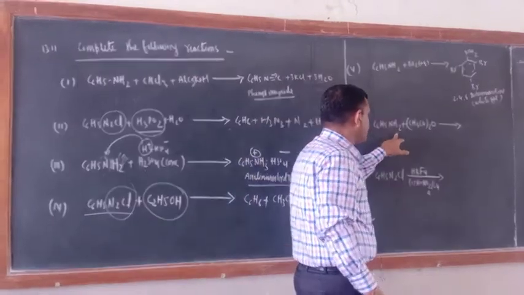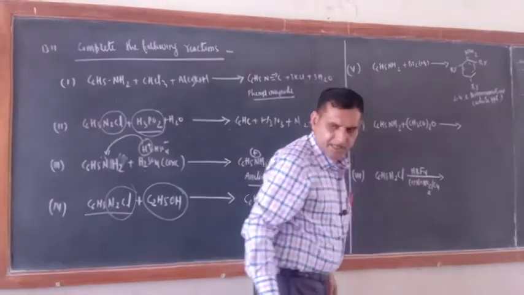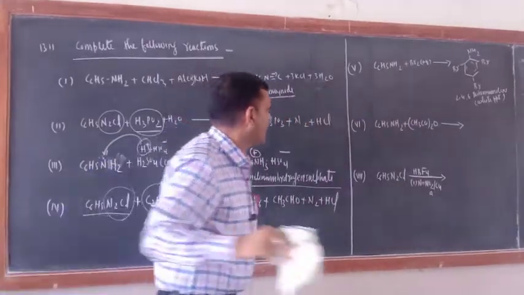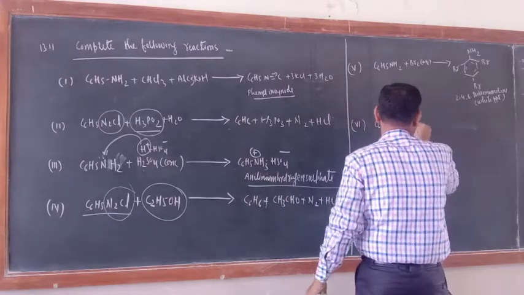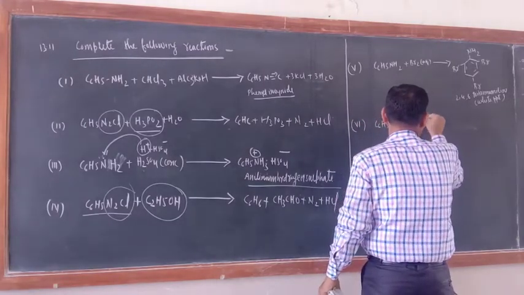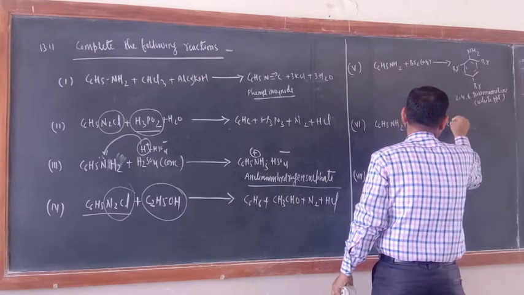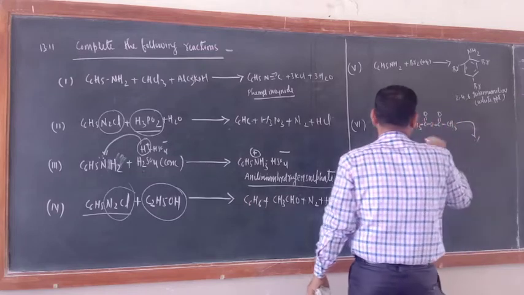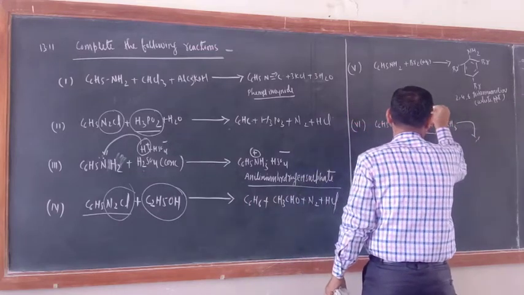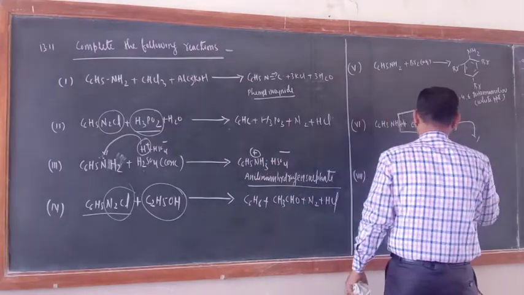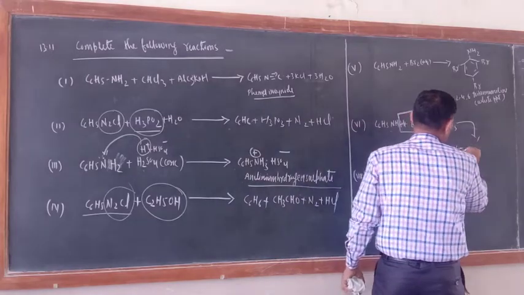Okay. Next one is very easy. What is the name of this one? Ethanoic anhydride. So just try to understand here. CH3 C double bond O, O, C double bond O, CH3. Now here what is there? NH and H. Just see, C6H5, and now here what is there?